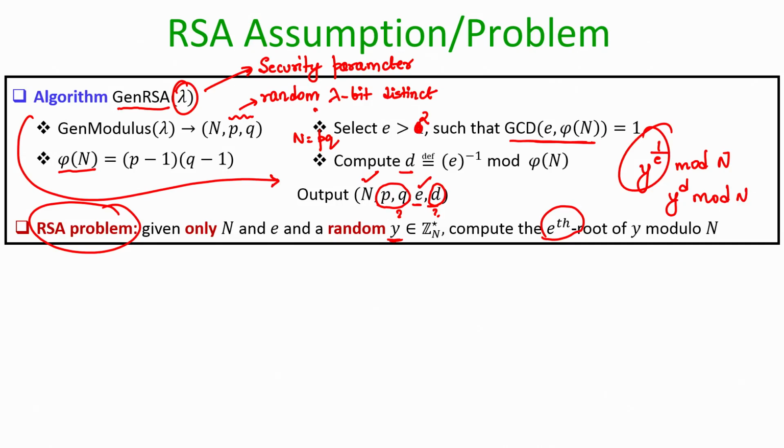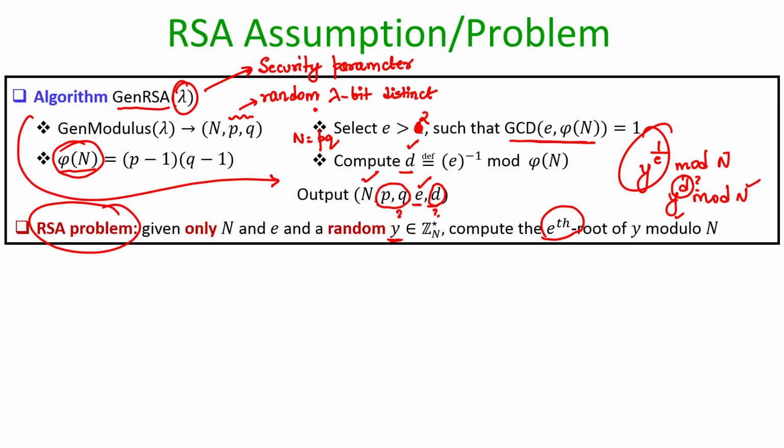So, the challenge is you know n, you know y, you are not given d, you are not given the prime factors p and q, and your goal is to come up with the result of y to the power d modulo n. If I give you the prime factors, then this problem is very easy. If I give you the prime factors p and q, then you yourself can compute the value of phi of n, and if you know phi of n and you know e, you yourself can compute d, and then you can compute y to the power d modulo n.